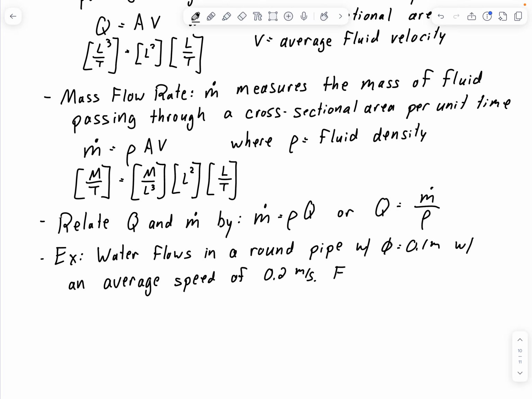And we need to find both the volumetric flow rate Q and the mass flow rate m dot.